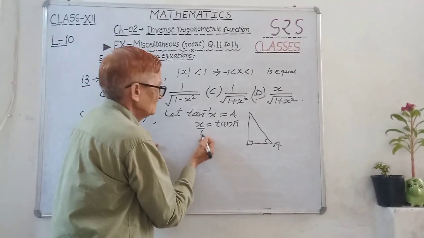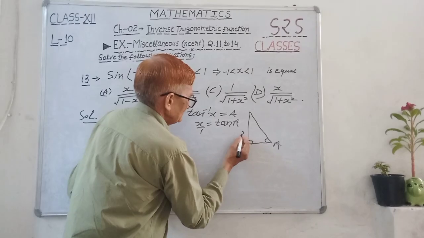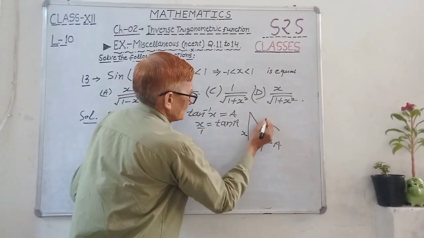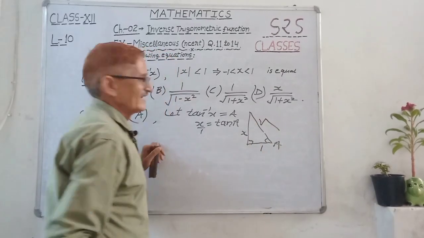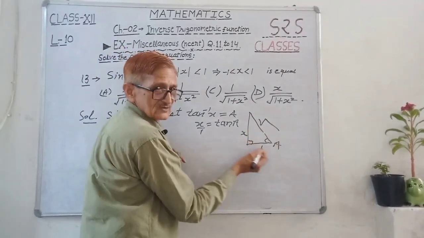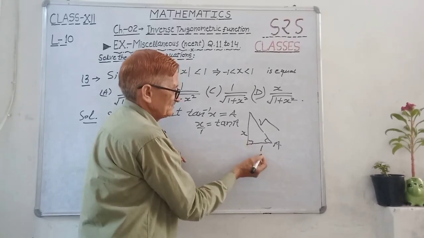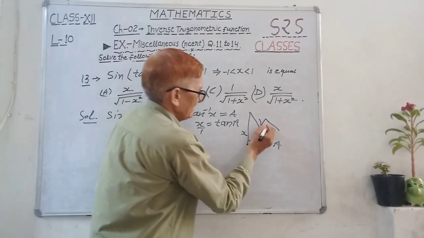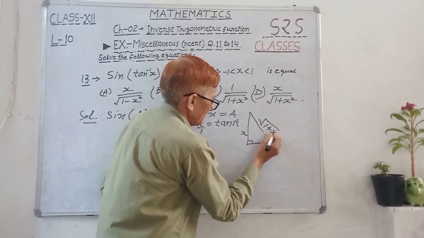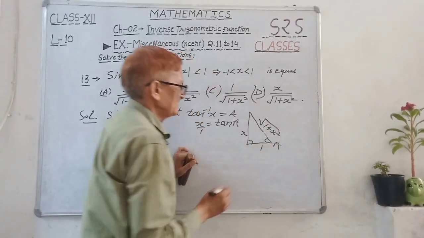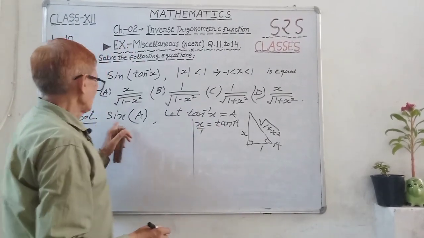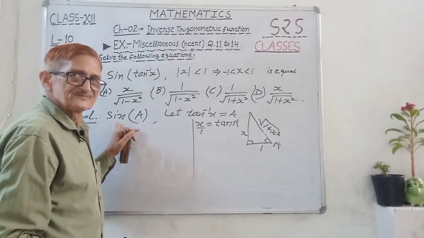Opposite is x, adjacent is 1. Then hypotenuse square is equal to the sum of the squares of the other two sides, 1 plus x square. So the hypotenuse is root 1 plus x square.